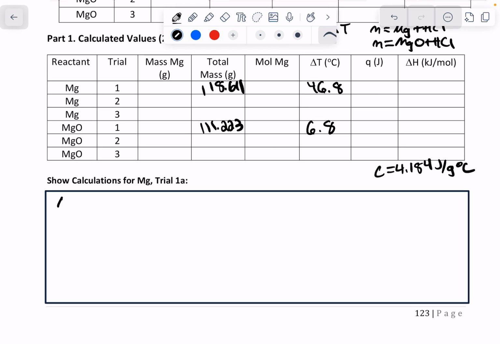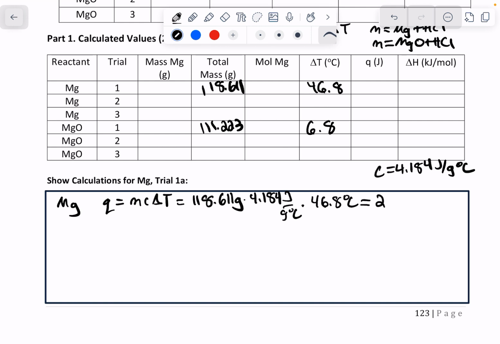So for the Mg part, Q equals MC delta T, which is going to equal 118.611 grams times 4.184 joules per gram degree C times 46.8 degrees C. And I got an answer of 118.611 times 4.184 times 46.8, and I got 23,225 joules.